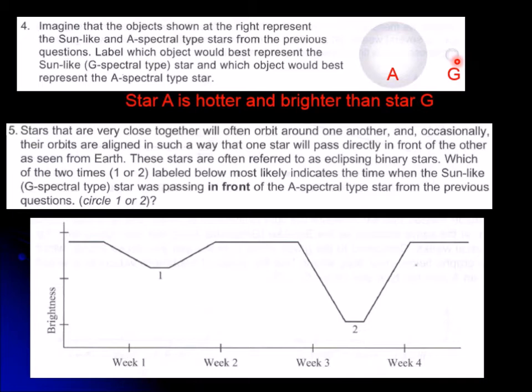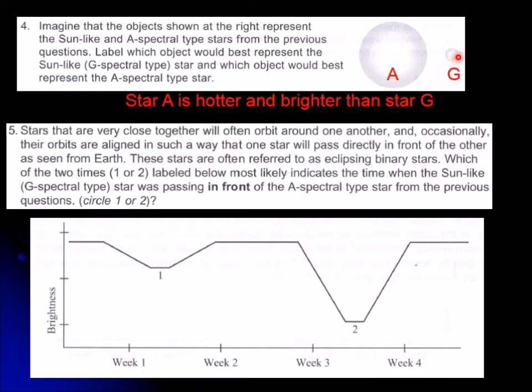Well, this is less bright than this one, so if it's in front, the brightness of this one would drop, and again the brightness of the combined system would drop. So we have here the combined system, combined system, combined system, and here we have a dip, we have another dip.